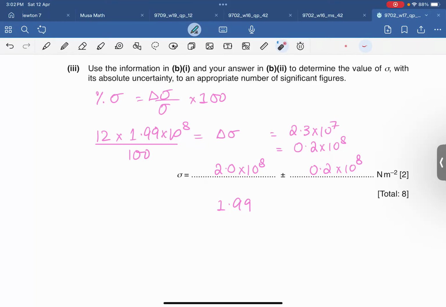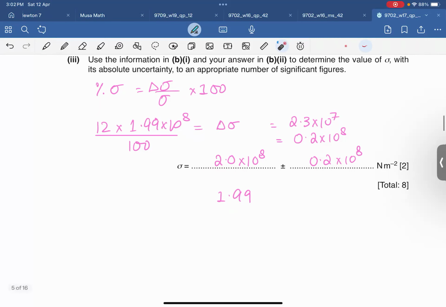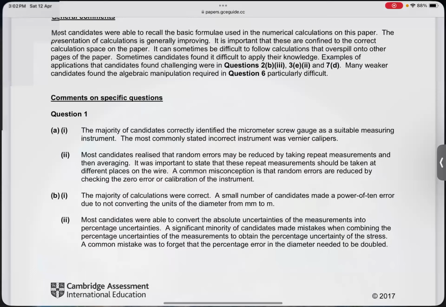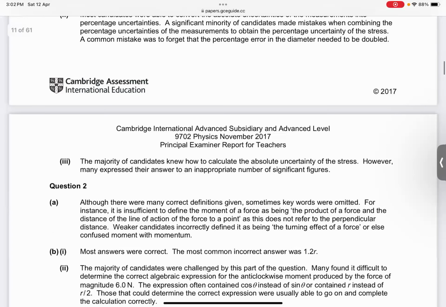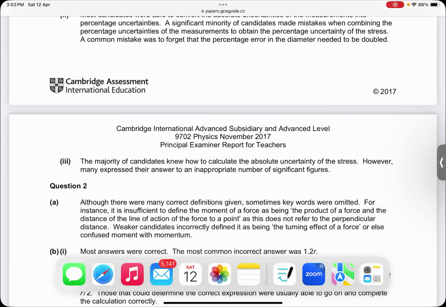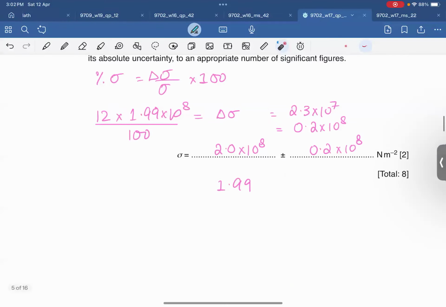नाउ आ जाओ, इसको जरा मैं यहाँ पे दिखा देता हूँ तुम्हें, ये देख लो, इसकी एग्जामिनर रिपोर्ट चेक कर लो। Majority of the candidates were correct, most candidates were able to convert absolute uncertainty, अच्छा this is also correct. The last part, the majority of the candidates knew how to calculate the absolute uncertainty of the stress, however many expressed the answer to an inappropriate number of significant figures, okay, and this is like तुम लोग सबने गलत किया, okay, so you got 1 mark, or you will get 1 mark.